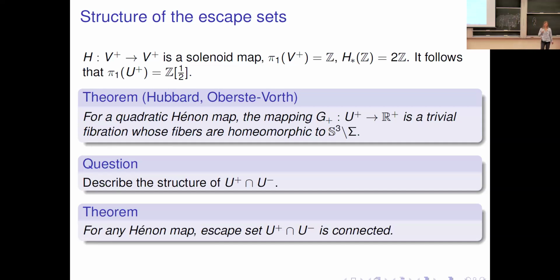Now I want to arrive at a contradiction, to show why this is not possible. So I have this leaf, and I know it intersects my U tilde. Maybe it can behave wildly in this U tilde.